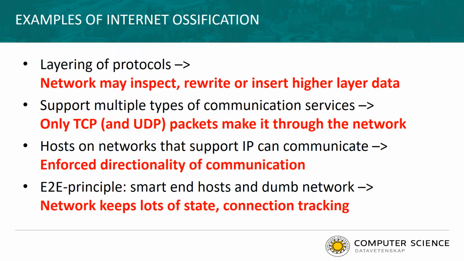So what are some examples of the internet ossification if we look back at the original design principles that we looked at? In the original design, we had a strict layering of protocols. Today, of course, the network may inspect, rewrite, or insert higher layer data into the communication. So it may look at the traffic to treat various flows in different ways.